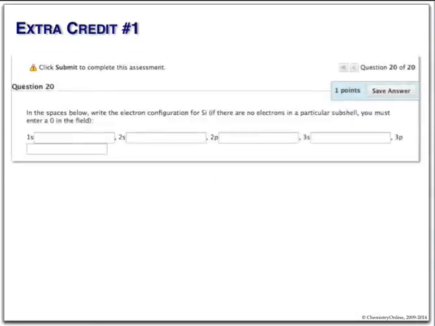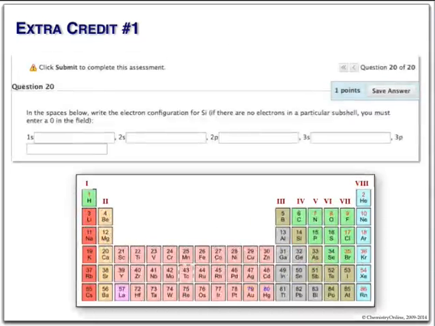One more, let's do silicon. Again, you find it on the periodic table. Here it is, right below carbon. So it is in our third period once again. That means our first period is full, 2 electrons.